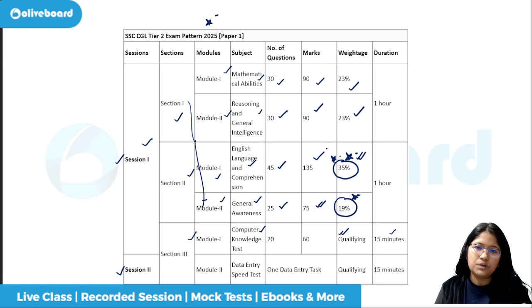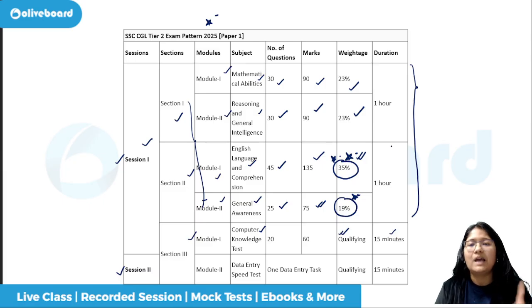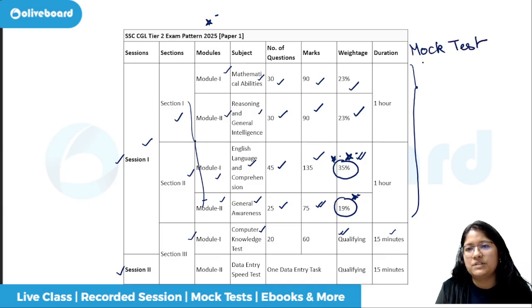So in this particular time period, you should first focus on what you already know and try to revise the things which you know, and above all, give the mock test regularly if possible.